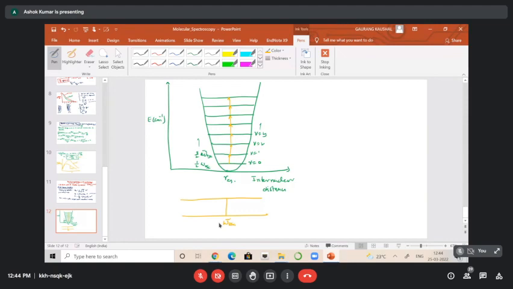This is in centimeter inverse. Here the selection rule is delta v equal to plus or minus 1. So in this case there will be a single spectral line.